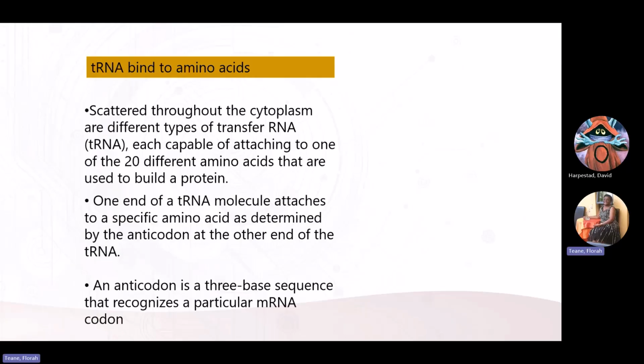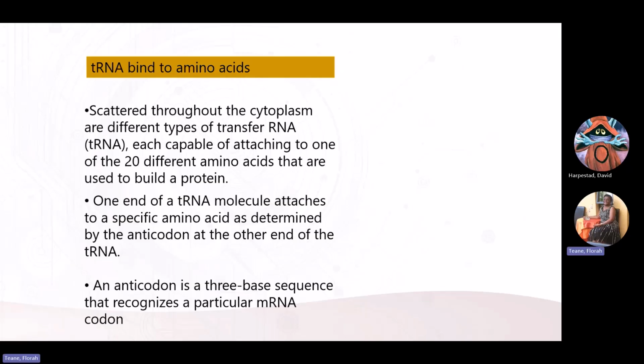Same triplet of bases are found in transfer RNA. It is called anticodon. So to make sure that this is the correct amino acid, it must be put here. That is determined by the codon and anticodon. The transfer RNA will fit in where its anticodon matches the codon of the messenger RNA.